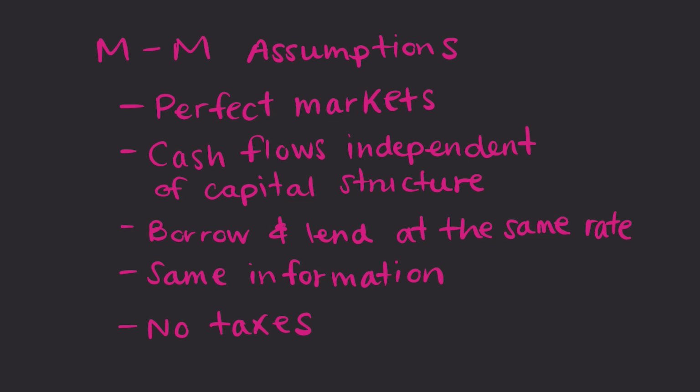And just like a lot of other models that we've been looking at throughout this course, these reflect the structure of an idealized market, right? Where everything works as it should, and there's no complications like taxes or transactions costs or asymmetric information. And so let's think about the kind of results that we get if we make these assumptions.